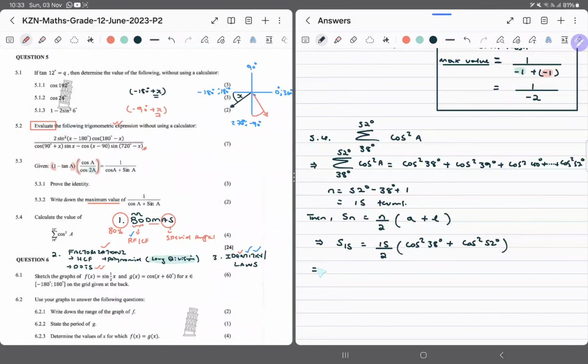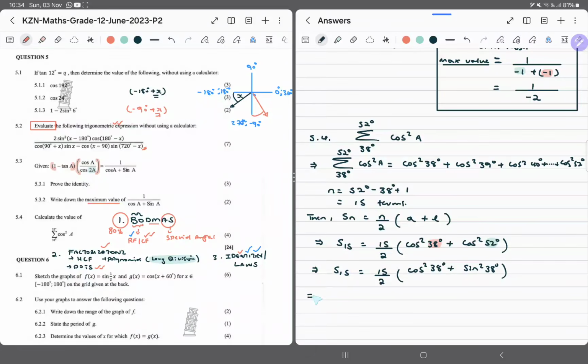Okay, so this also implies that S15 is 15 over 2 into, if we look at these, 38 plus 52 adds up to 90. So we can change one into the other, so we can have cos squared 38 degrees plus this becomes sine squared 38 degrees using cofunctions. Okay, can you see our 3-step approach still is here?